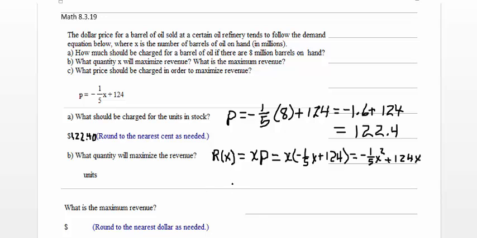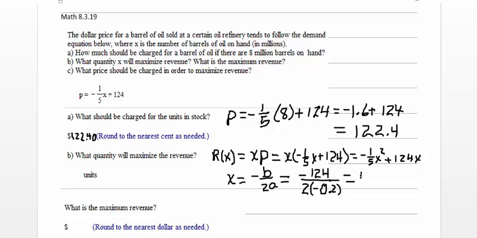So when I go to maximize revenue and I want to find the quantity of barrels of oil that will actually maximize the revenue, then I need to find the X value that equals minus B over 2A. That equals negative B, which is negative 124, over 2 times negative 1/5. And if you want to write negative 1/5 as a decimal, that would be negative 0.2.